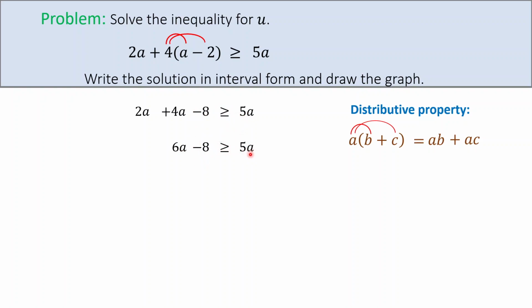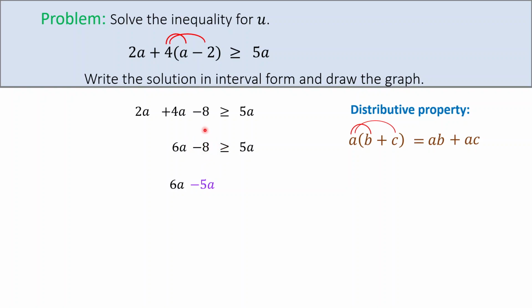You have the variable a here and also here. You need to move this to the left hand side so that all the variable terms are on one side. So 6a, move this to the left hand side. You need to change the sign. Positive 5a becomes negative 5a.